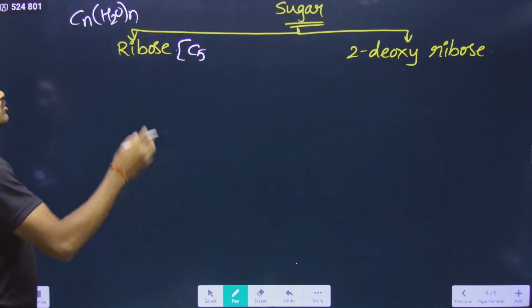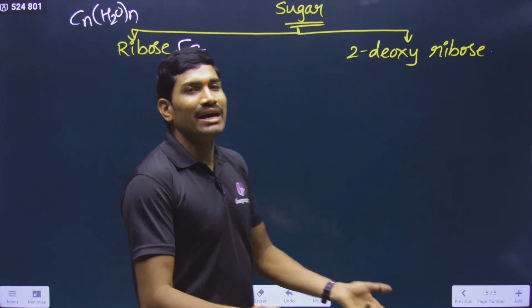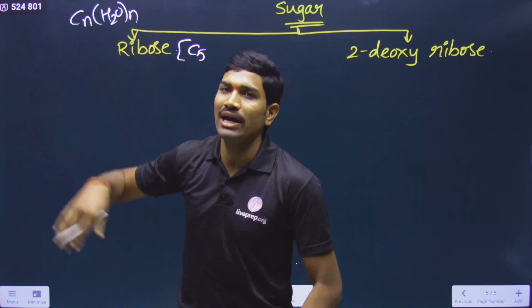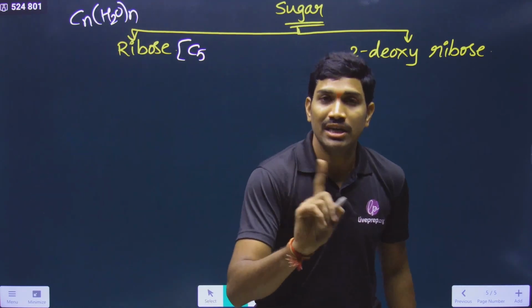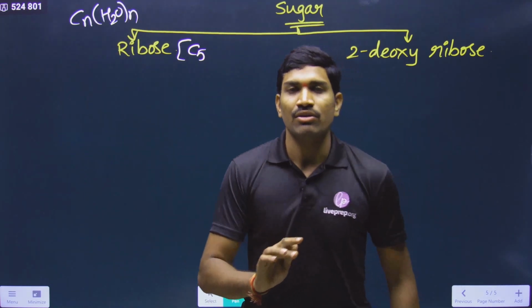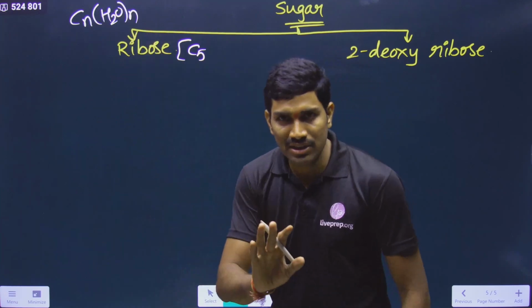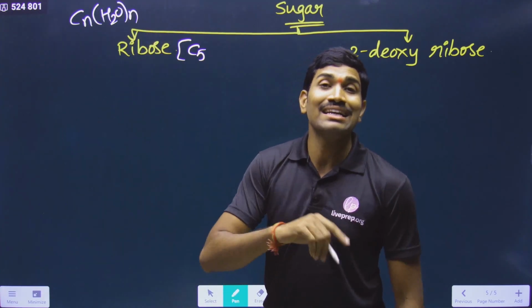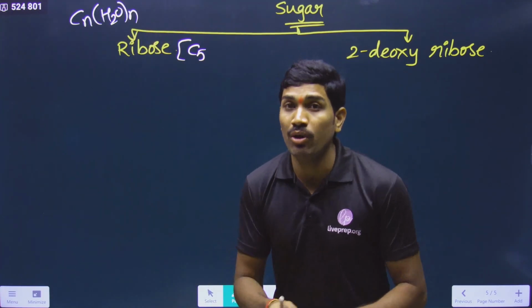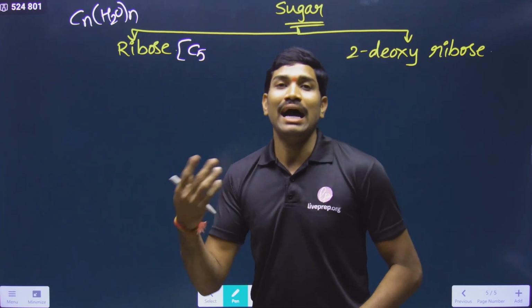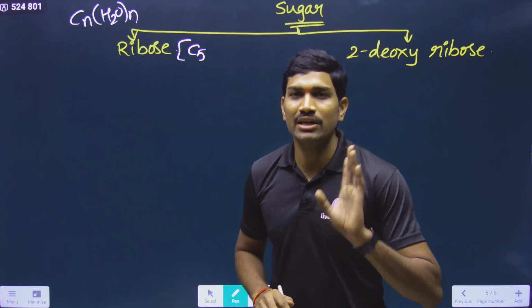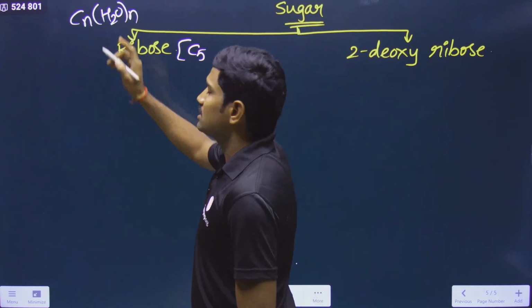Yes or no? So generally what we are saying, carbohydrates are hydrates of carbon, but originally they are not hydrates of carbon. Please remember, for the molecular formula you can get this derivation, but they are polyhydroxy aldehydes or ketones, but they are not hydrates of carbon. Please remember. So this is the general formula.